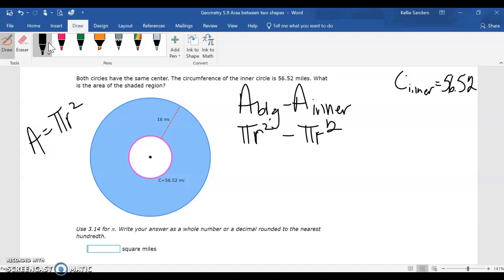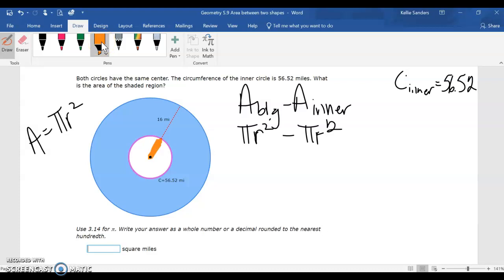Now, let's see what's going on. I don't have either radius. The 16 is not a radius because 16 doesn't go all the way to the center. So what I need to know is how much this is.